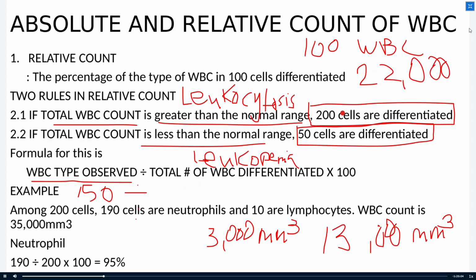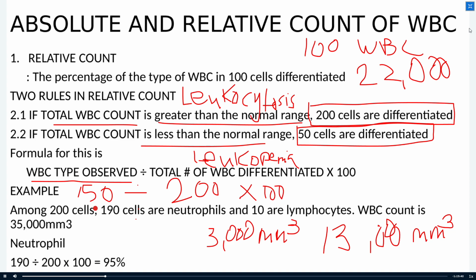You would then apply the rule. Kapag may leukocytosis greater than normal sa total WBC count, you would count 200 cells. So, ang total number of WBC na i-differentiate is 200. So, 150 neutrophils divided by 200 WBCs times 100.